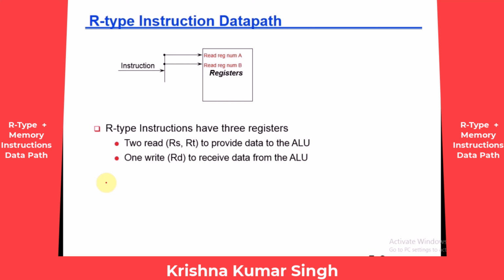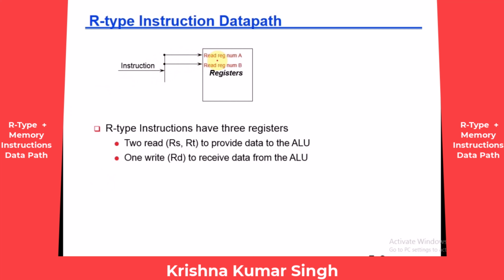So in the R-type instruction we have 3 registers: two registers for input, Rs and Rt, and one destination register, Rd. The Rs and Rt are used to provide data for the ALU, and Rd, the destination register, receives data from the ALU.